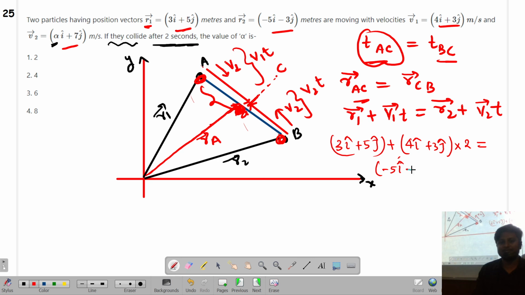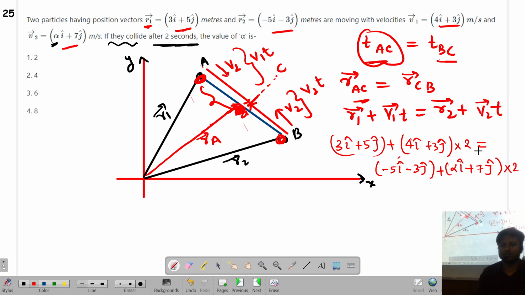Minus 5i cap minus 3j cap plus, what is V2? Alpha i cap plus 7j cap into what is time? 2 seconds, or not? Yes or no? So can you create the equation out of it? And will you get the value of alpha? See this. You just compare the i values and you compare the j values. Got it or not? And you will get the answer for alpha. Yes or no?